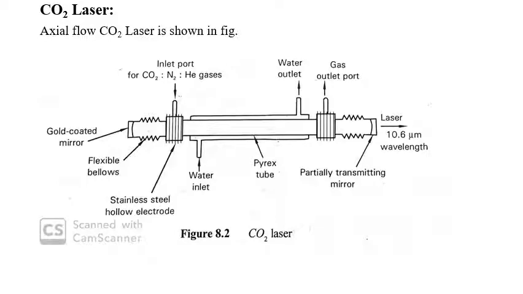Axial flow CO2 laser is shown in the figure. CO2 laser is the earliest type of gas laser, and it is still one of the most powerful types of laser used in laser beam machining. CO2 lasers are commonly pumped by passing a current through a gas mixture or using radio frequency energy.